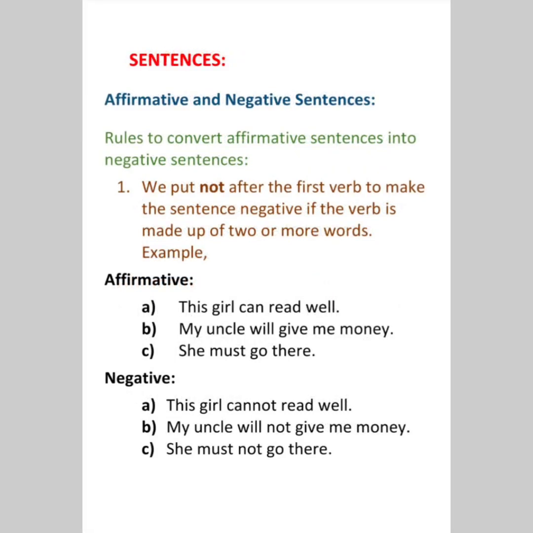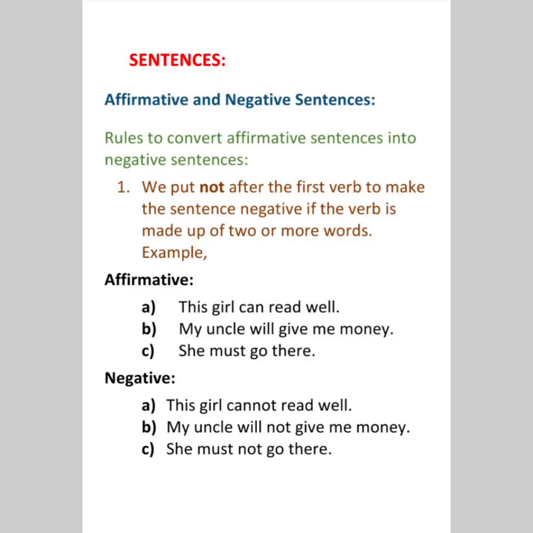Next we see what are the rules to follow in affirmative and negative sentences. Rules to convert affirmative sentences into negative sentences. First one, we put not after the first verb to make the sentence negative.